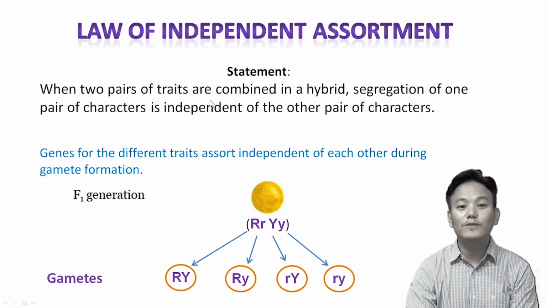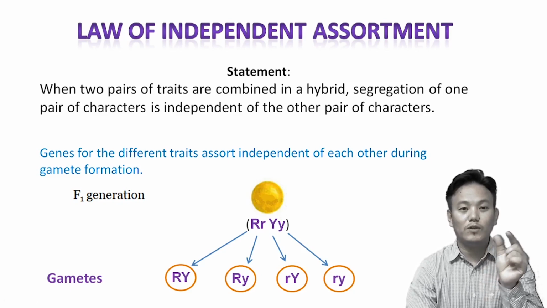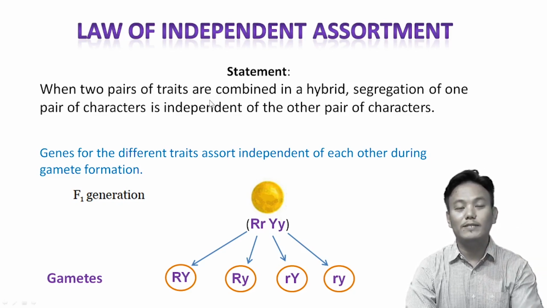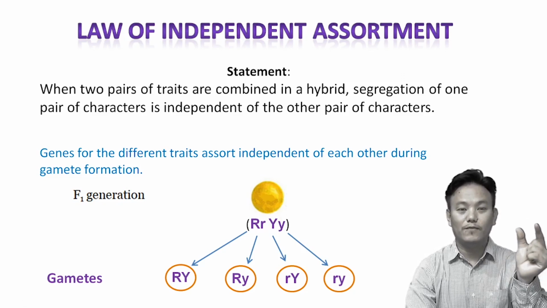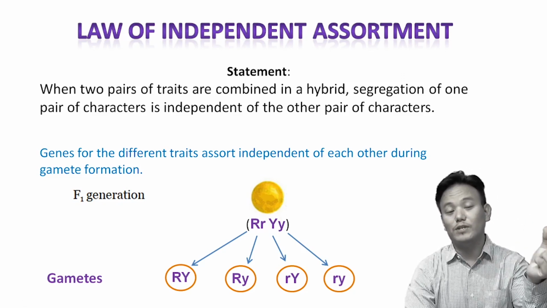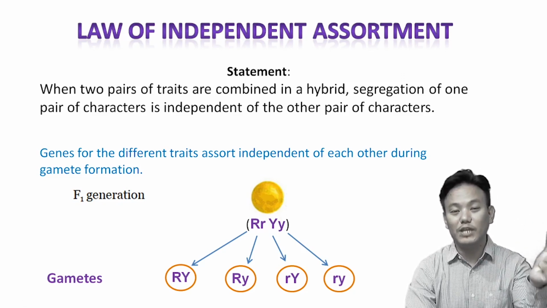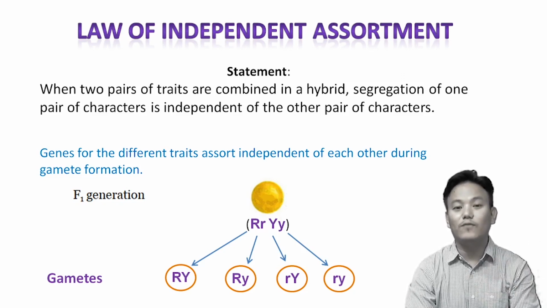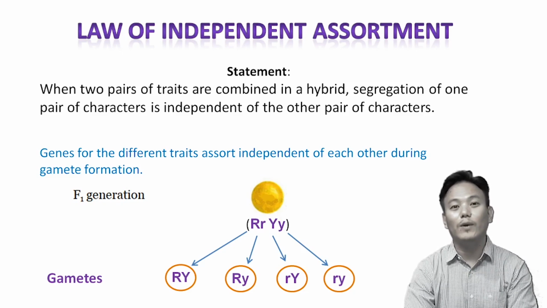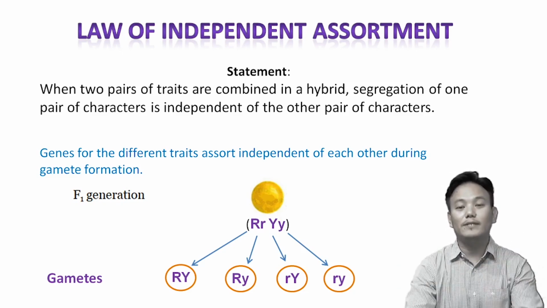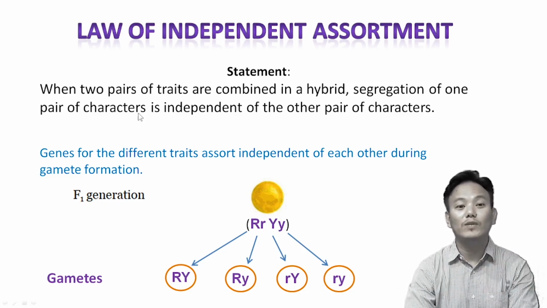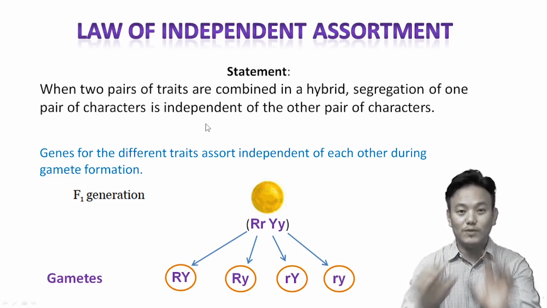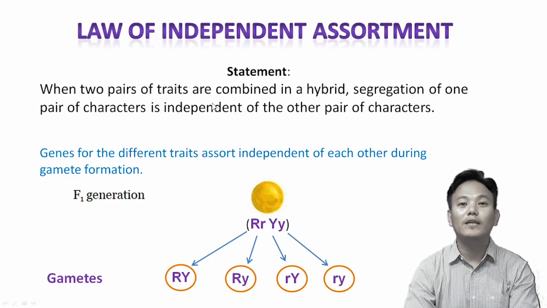When the two pairs of traits are combined in a hybrid, in our example, we had a pair of traits for the seed shape, that is round and wrinkled, and we had a pair of traits for seed color, that is yellow and green. So when they are combined in a dihybrid cross, we see that the segregation or the separation of the pairs is independent, or not dependent upon each other.